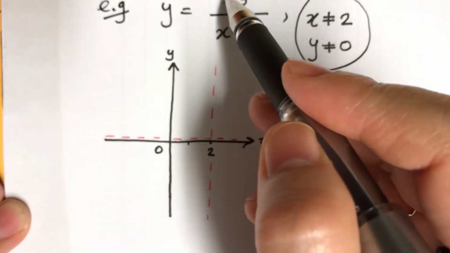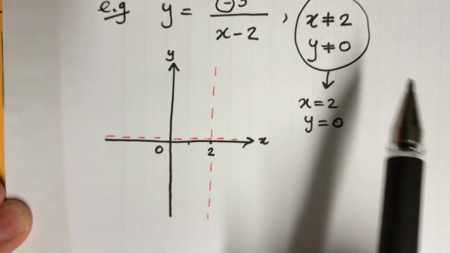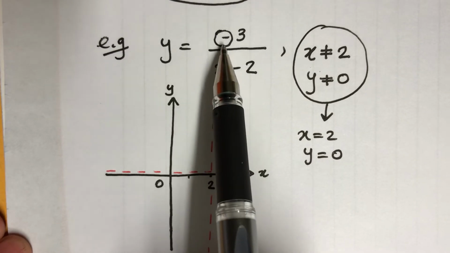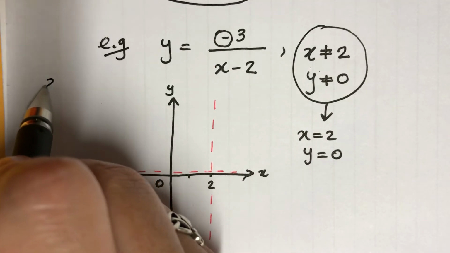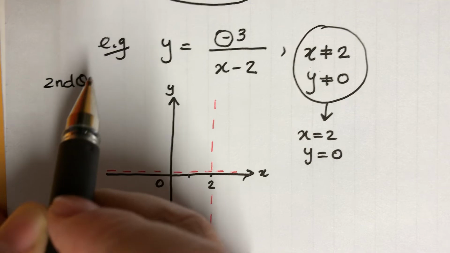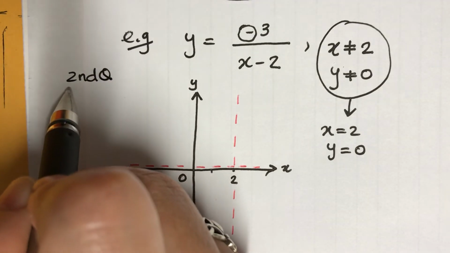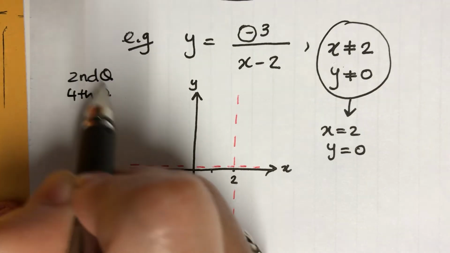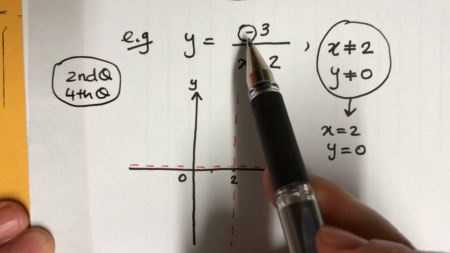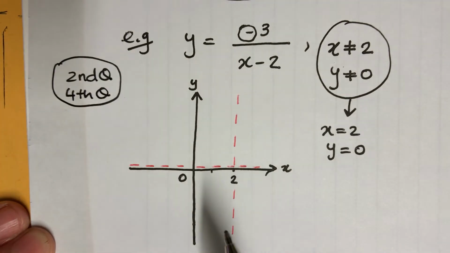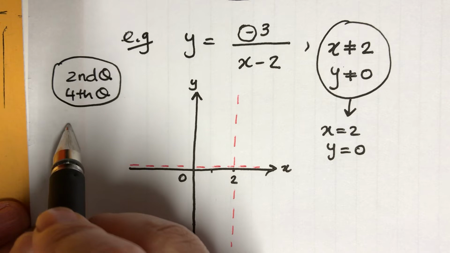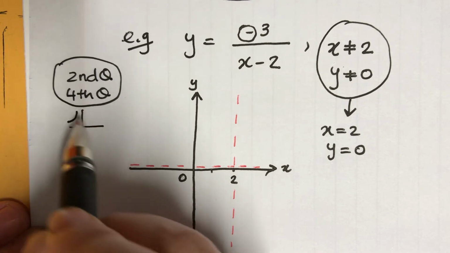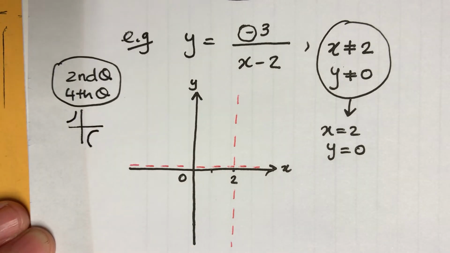Now this indicates, what is it? That's my second quadrant and my fourth quadrant, isn't it? When a hyperbola has a negative in front, I will have, quickly I'm going to sketch this, second and fourth.